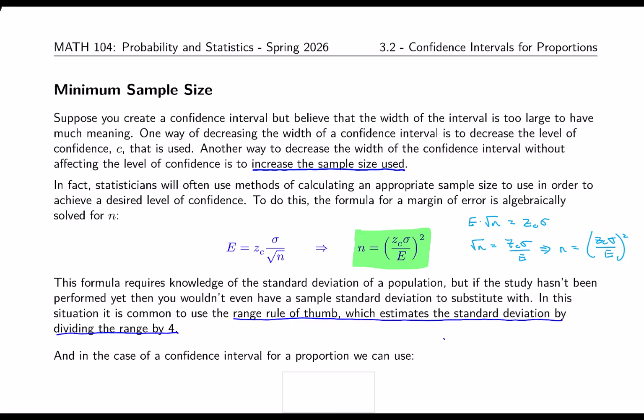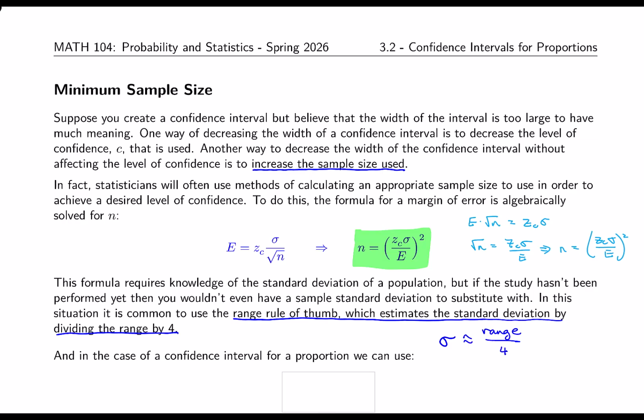So the standard deviation is approximated by the range of a data set divided by 4. And the reason that this works is the range is considered the extents of your distribution. So you shouldn't have any values below a certain minimum or above a certain maximum.